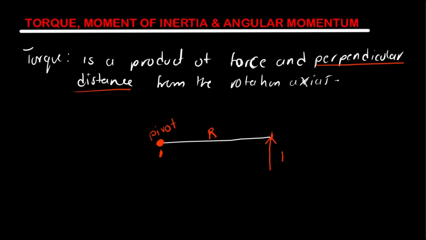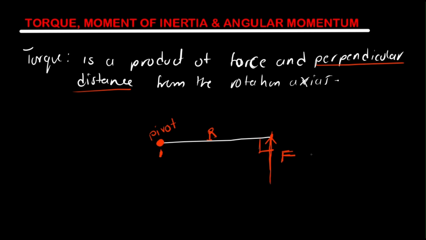And the force that is being applied here is applied at a right angle, like that. So if you check this, you shall see that you have the radius, or the perpendicular distance from the applied force, which is this part.